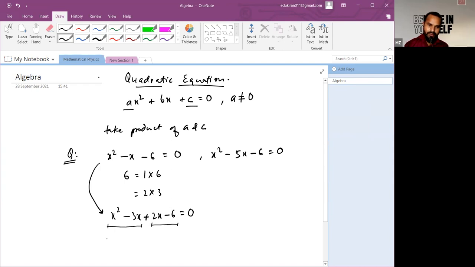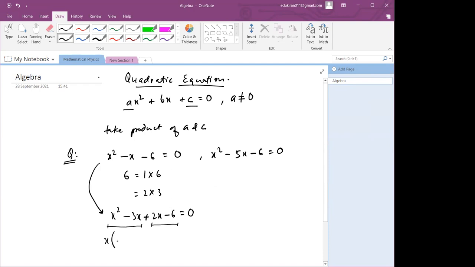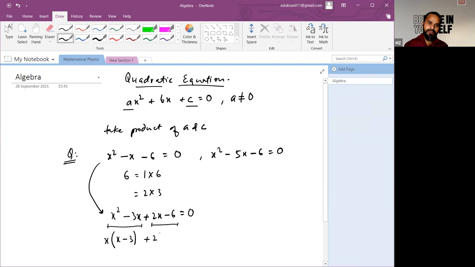If you take out x as common from these two, it will give you x minus 3. If we take out 2 as common between these two, it will be x minus 3, which equals 0. Since x minus 3 is common to both terms, it will be x minus 3 and x plus 2 equals 0. Now see, we have two terms whose product is equal to 0.